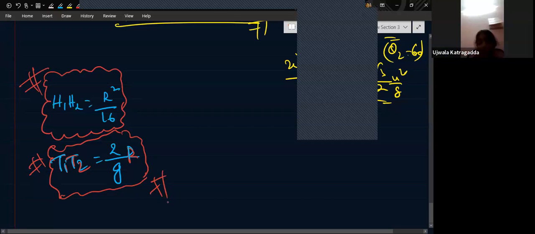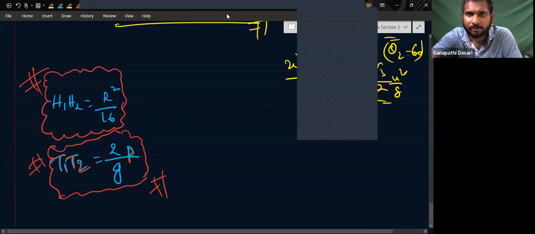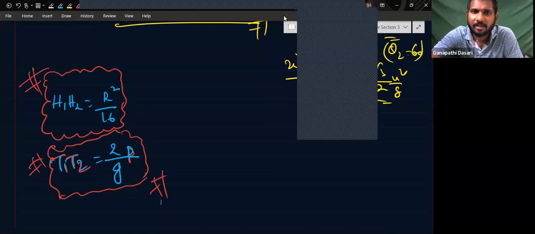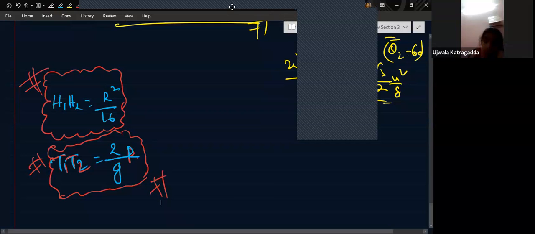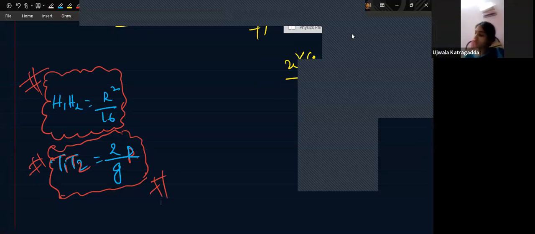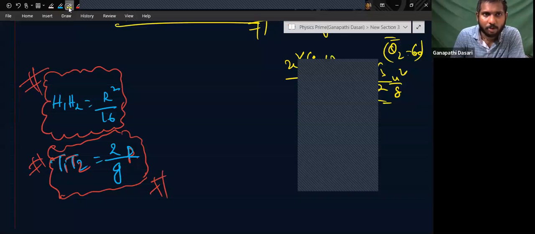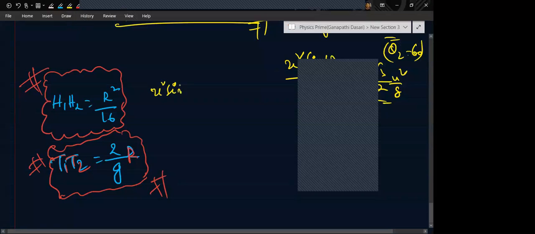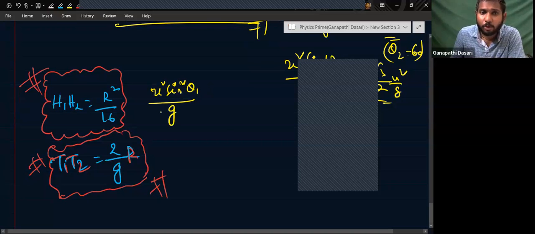Will you solve and get the result once? H1 and H2, and T1 and T2. Just try to solve it once. Both of you. I'll solve it here. H1 is u square sine square theta 1 by 2g.